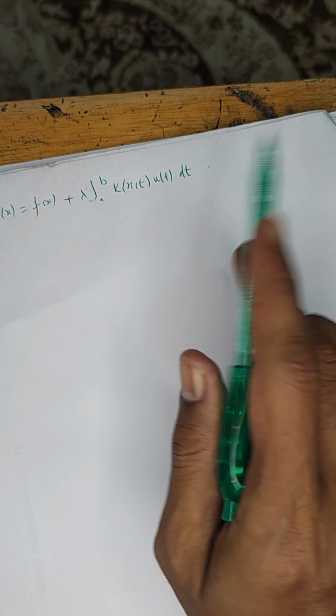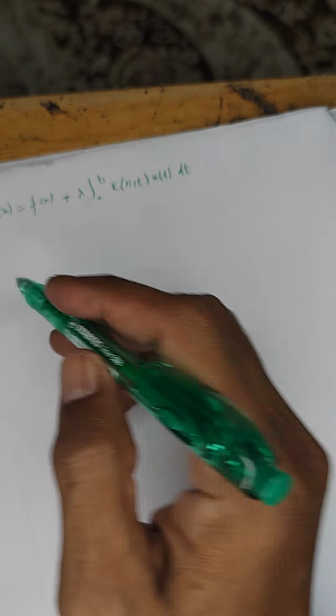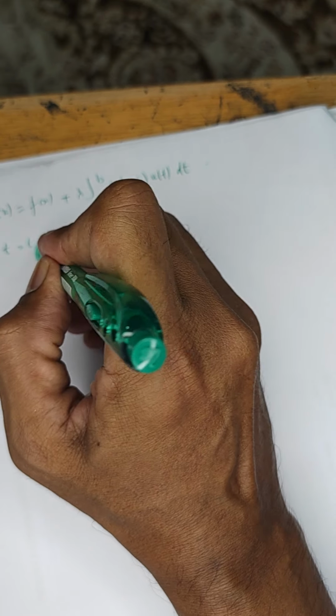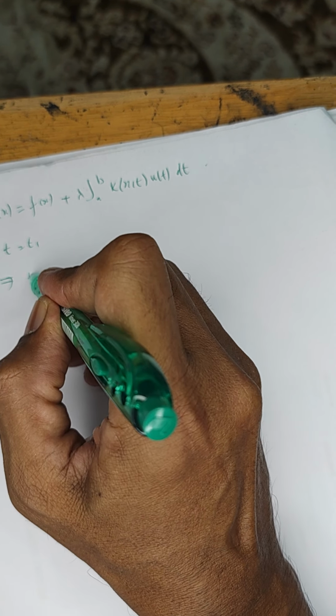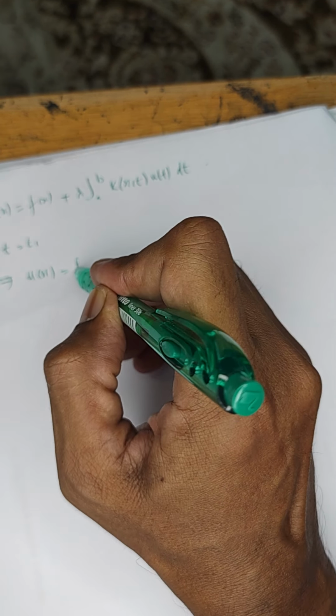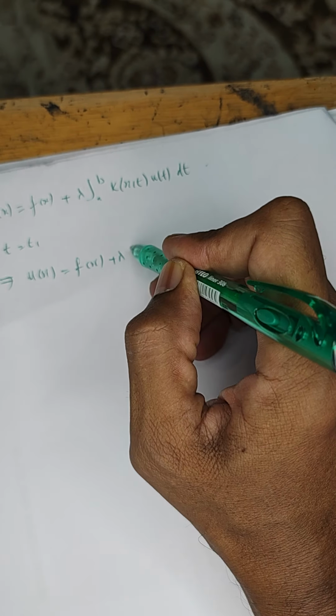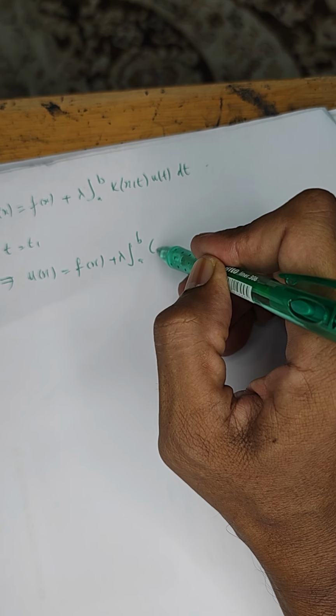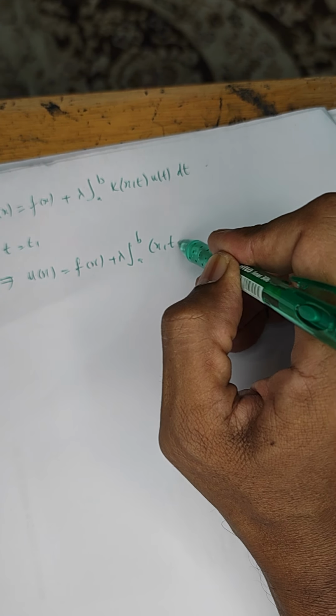It gives no different result. So let t equal to t1. So we have u(x) equal to f(x) plus lambda integrate a to b k(x,t1) u(t1) dt1.